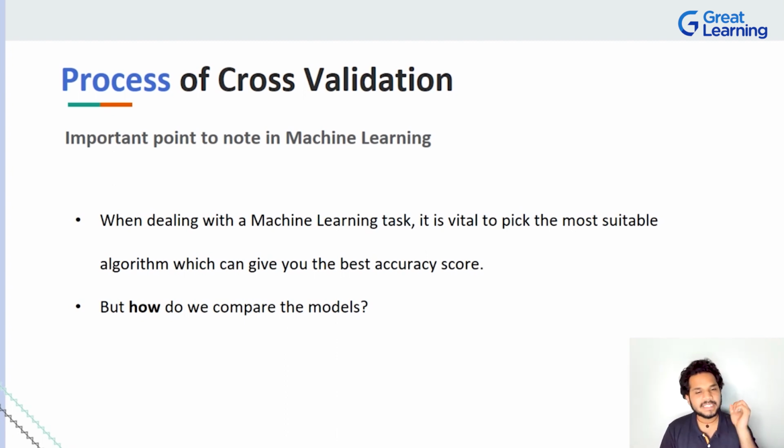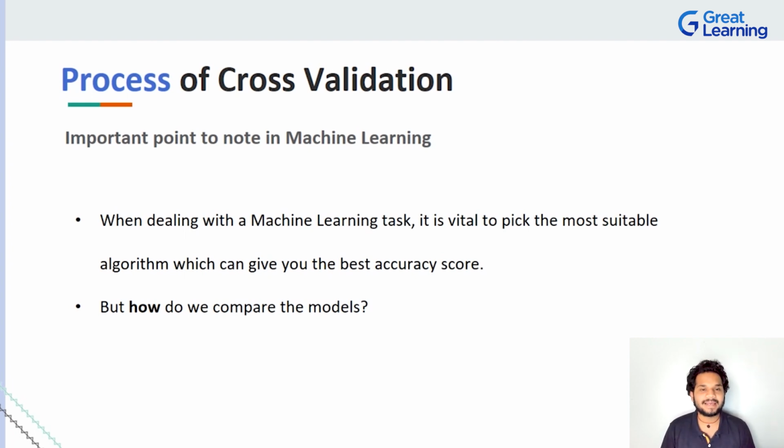Now, you might be an expert in cross-validation, but at the end of the day, if you use a wrong algorithm, it will still probably not work great, right? So it is very, very important that you select, first of all, the correct algorithm that will work for your case.